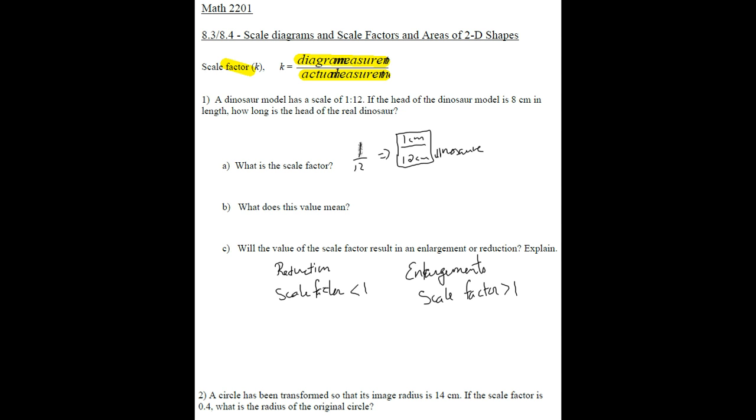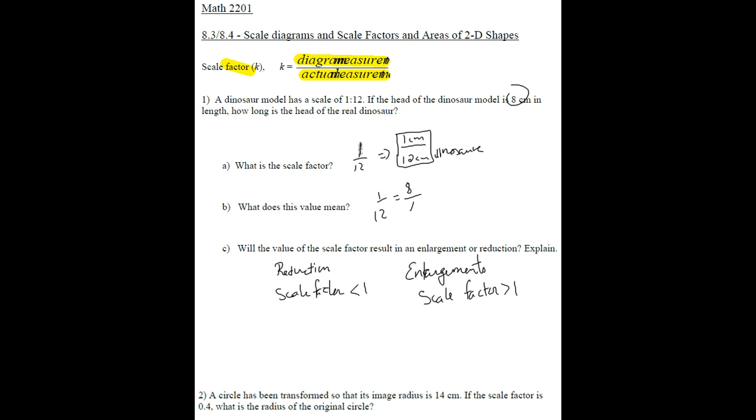And if we go back up here to answer this question, the diagram or model is represented by the top, the bottom is the actual size, and it's asking how long is the head of the real dinosaur. If our model is 8 centimeters in length, I'll put the model on top.